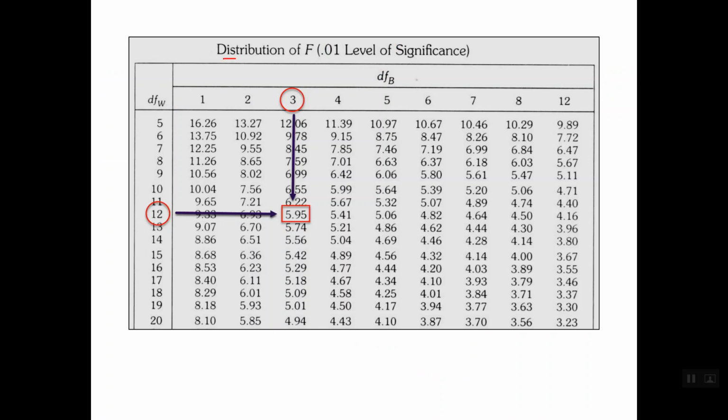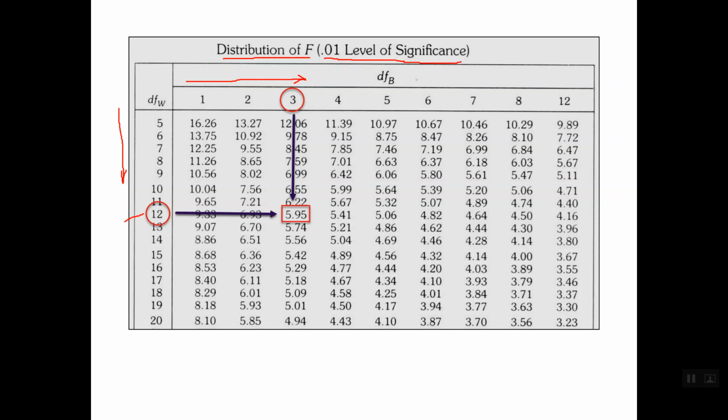This is the F distribution table for the 0.01 level of significance. In this row we should have the degree of freedom for the treatments, so we have 3, and in this column we should have the second value of the degree of freedom, which is the degree of freedom for the error, which is 12.